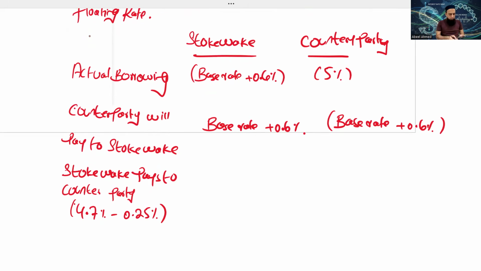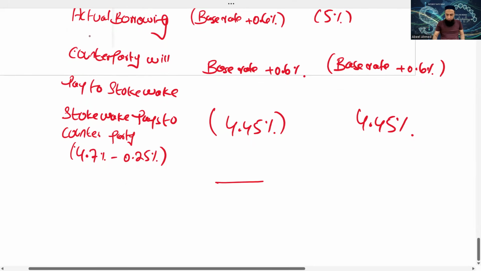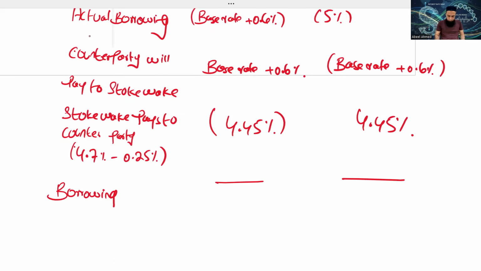And we know that this benefit is actually before the bank fee. So 4.7 minus 0.25, students, I'm getting 4.45%. Outflow for Stoke Wake and, for counterparty, it is an inflow. Here comes the borrowing cost, but before bank fee. Here I'm getting 4.45.